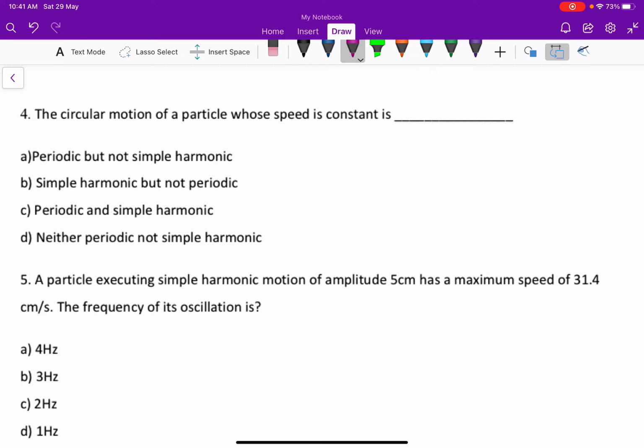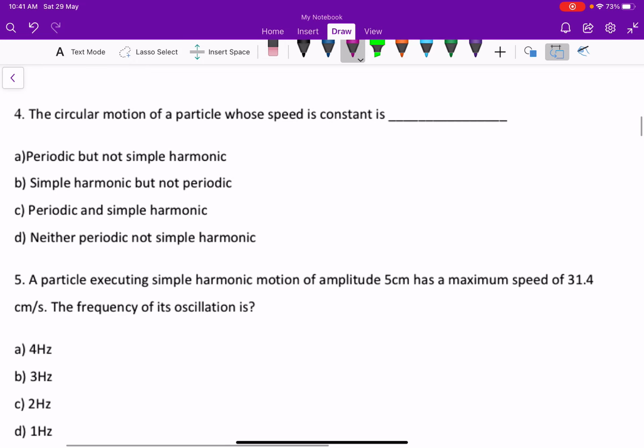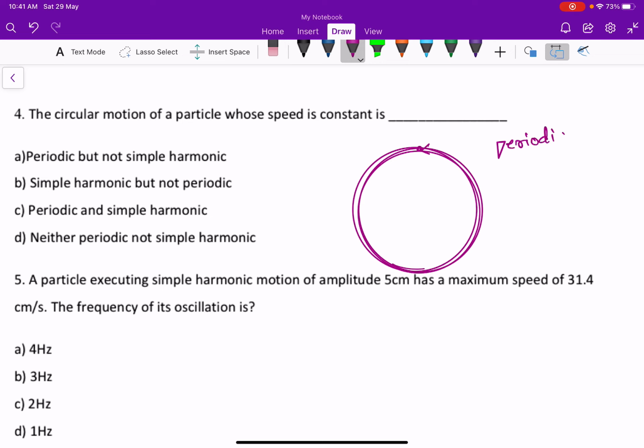The circular motion of a particle whose speed is constant is what kind of motion? Here the motion repeats at regular intervals of time. The motion which repeats at regular intervals of time is called periodic motion.